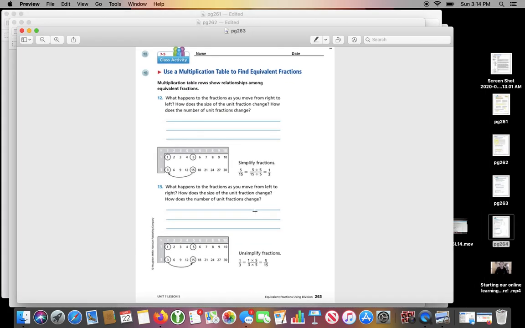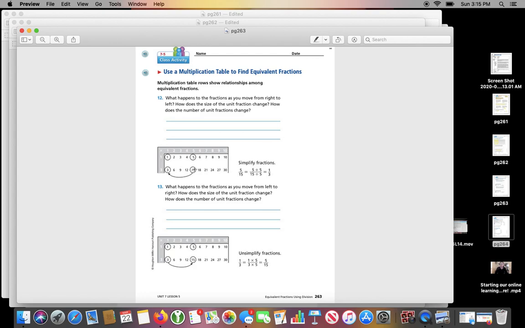So this page says, what happens to the fractions as you move from right to left? How does the size of the unit fraction change? How does the number of unit fractions change? So when I move from right to left on my multiplication table, my fraction itself is equivalent. I'll say that again.